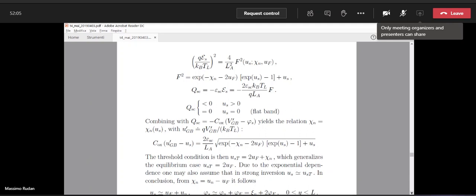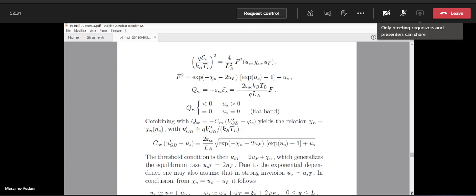Now, you remember we have another possible expression for the semiconductor charge per unit area, that is QSC is equal to minus C ox times VGB prime minus phi s. And this is fully general because it is obtained from the solution of the Poisson equation on the side of the metal.